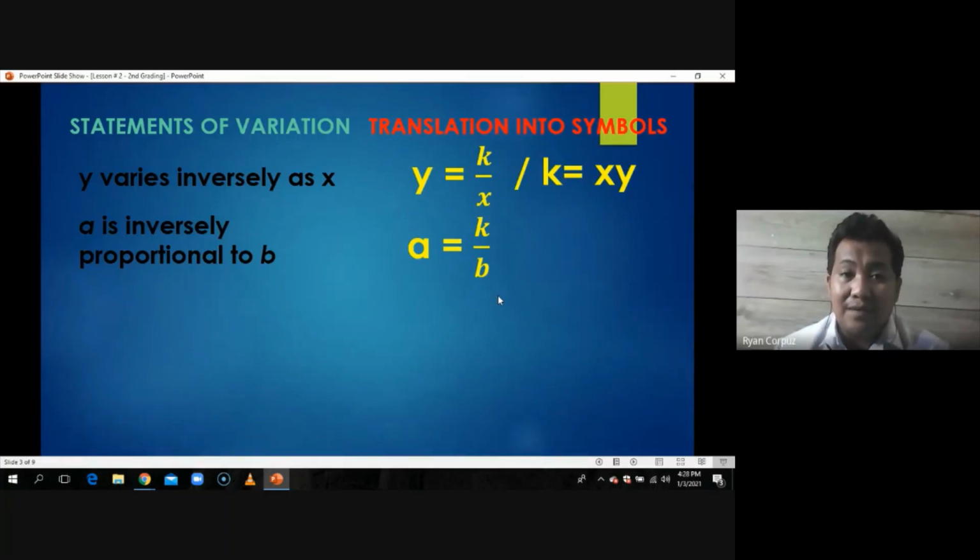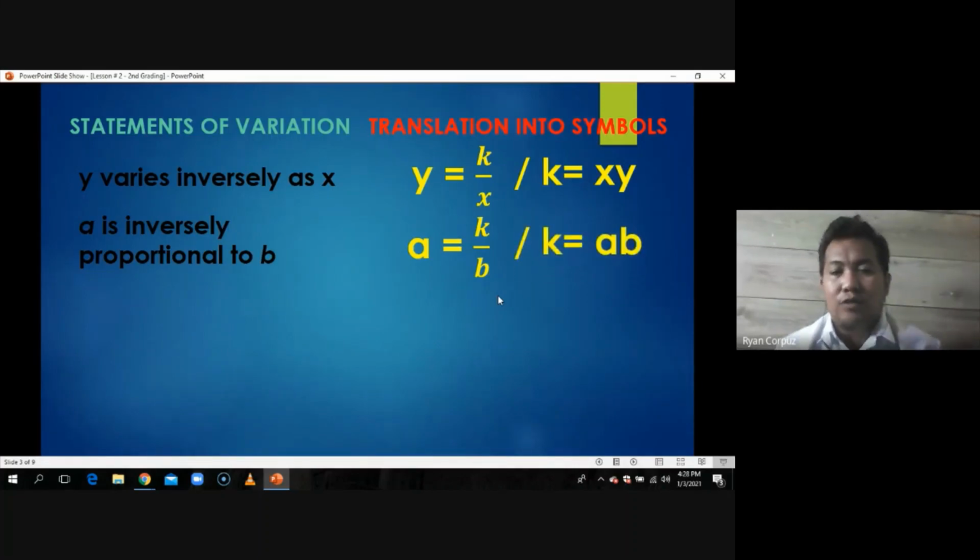Yun nga lang, B is on the denominator part because the numerator part is the constant of variation, that would be k. So A is equal to k over B. Then its translation in terms of k: A and B are the quantities involved, so the product of it, that should be k is equal to AB.